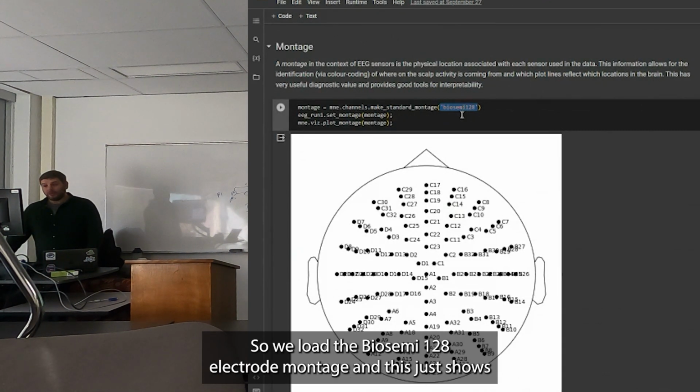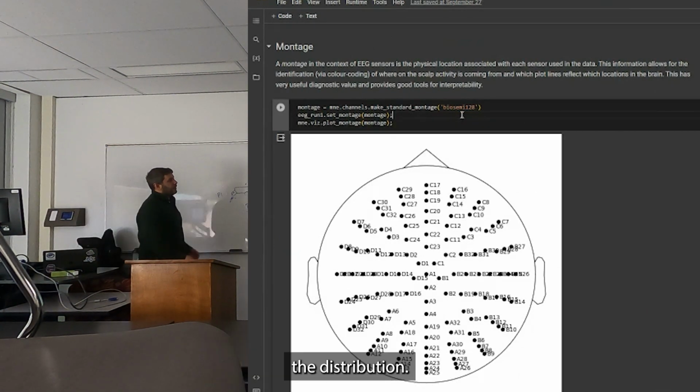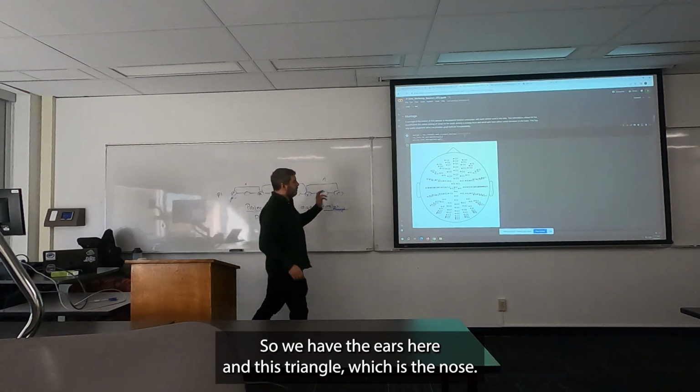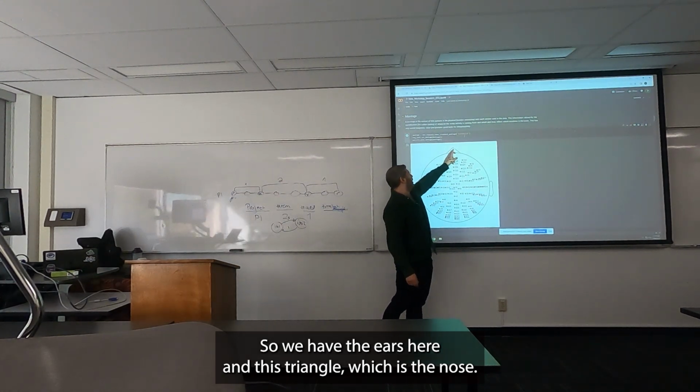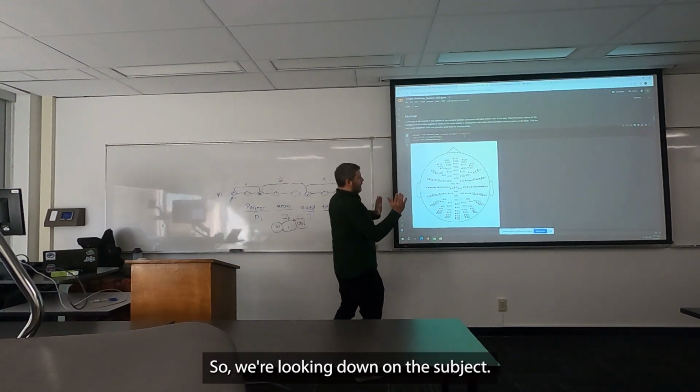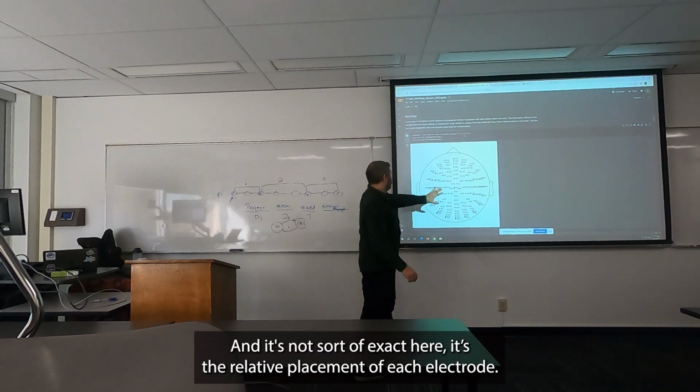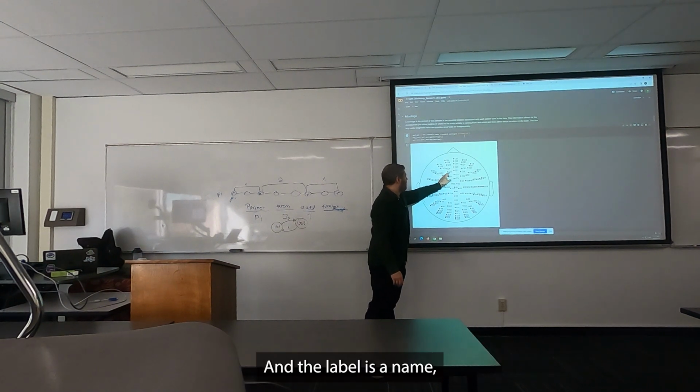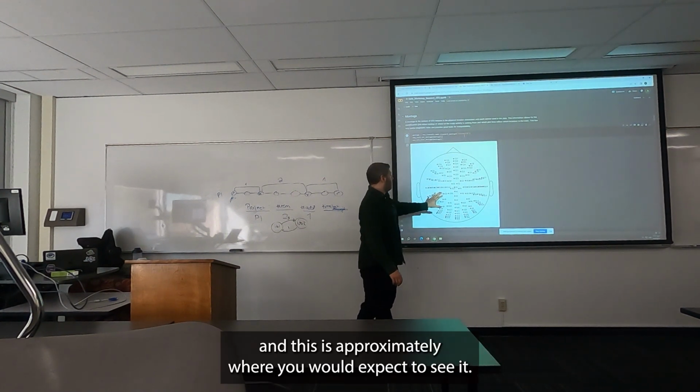So we load the biosemi 128 electrode montage, and this just shows the distribution. We have the ears here, and this triangle which is the nose, looking down on the subject. It's not exactly the relative placement, but each electrode has a label, a name, and this is approximately where you would expect to see them.